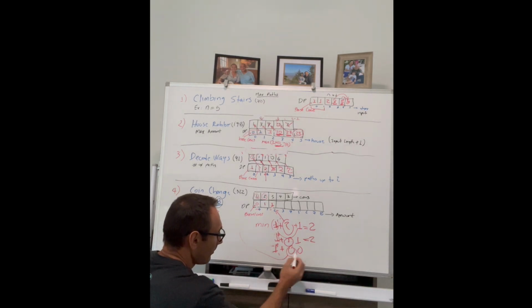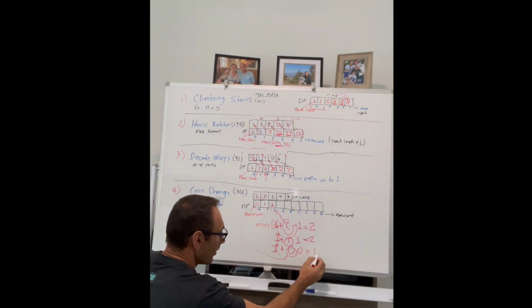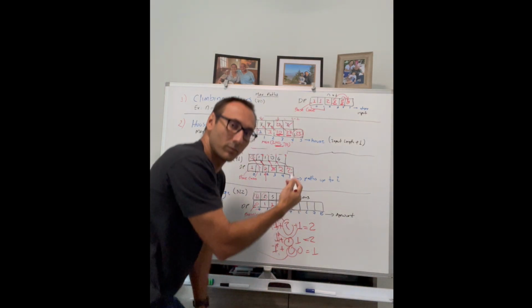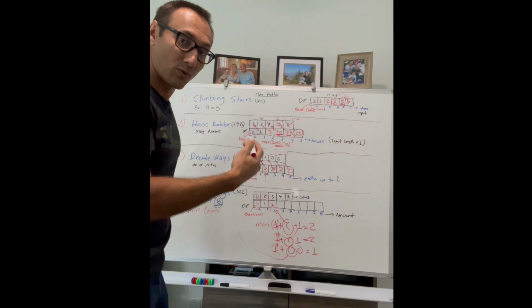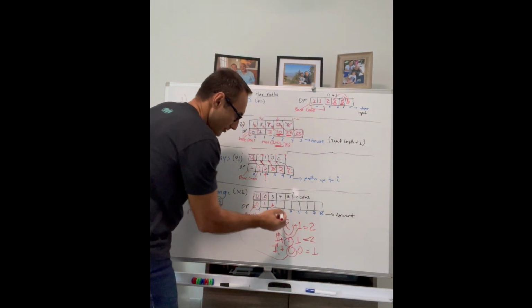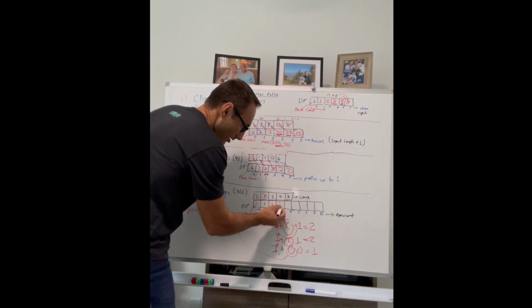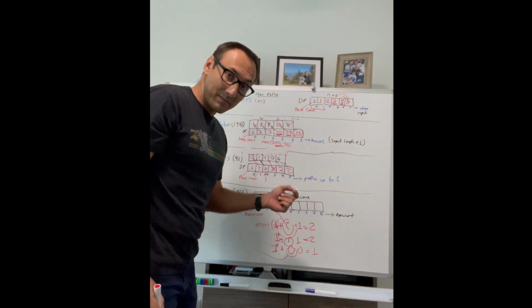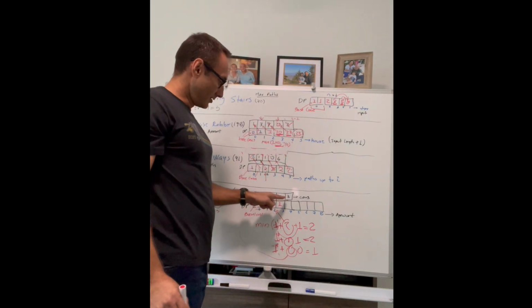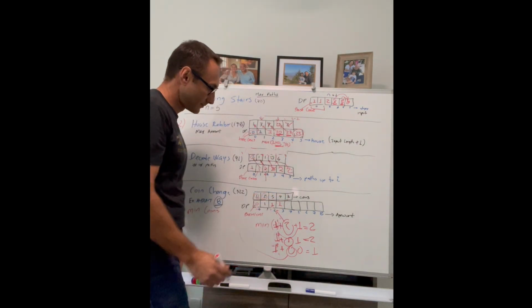So 1 plus 0 is 1. And that's easy, right? You don't need more coins to get $0 that are left. So the solution for this is 1. The minimum combination to get $3 is using 1 coin, the coin of $3, right?